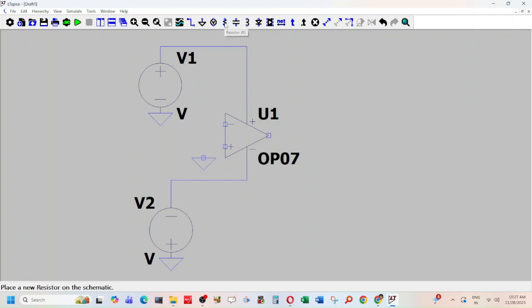Ground the non-inverting terminal. Place the resistors R1 and feedback resistor R2 with values 1 kilo ohm and 10 kilo ohm respectively.